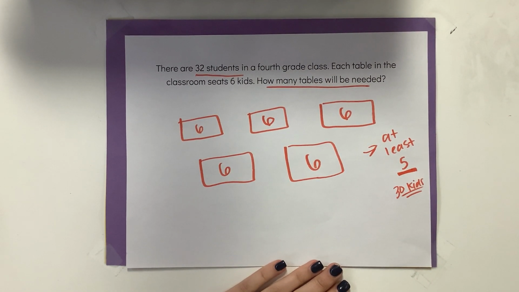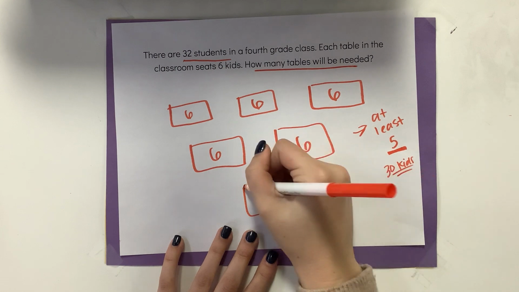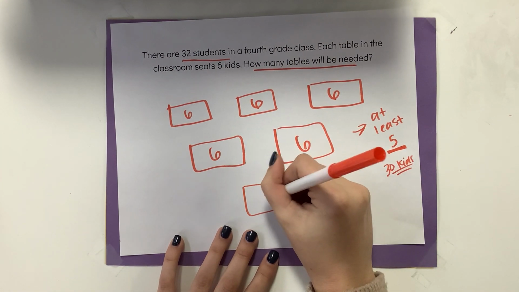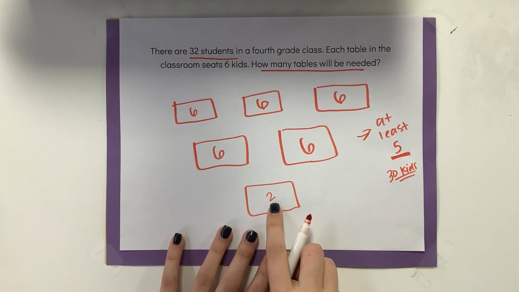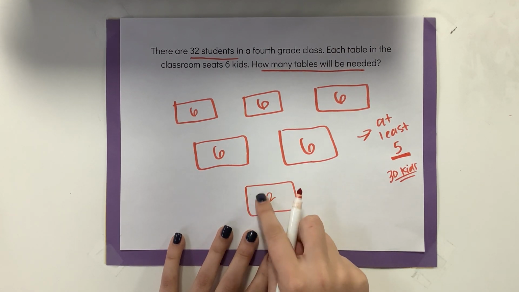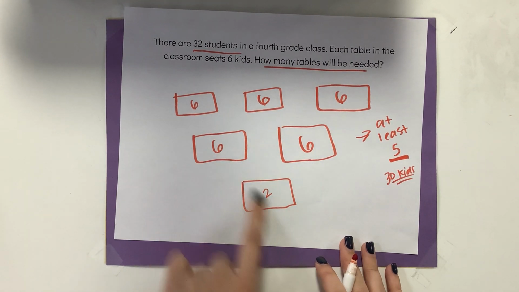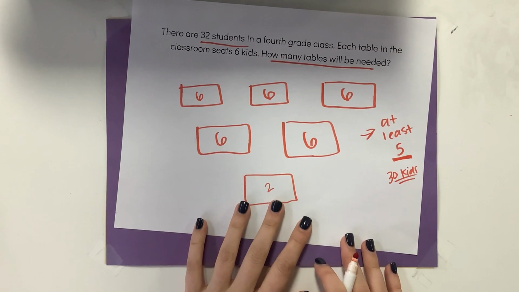Should we kick them out of 4th grade? No, that wouldn't be very fun. We have got to get another table. And even though we only need a spot for 2 more kids, we still have to get the whole table. We can't just buy half a table or a fourth of a table. We're gonna have to buy the whole table. Who knows, maybe some of these kids will wanna spread out a little bit.